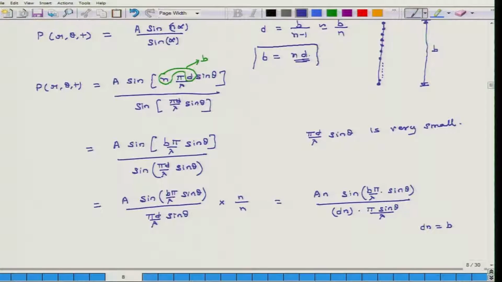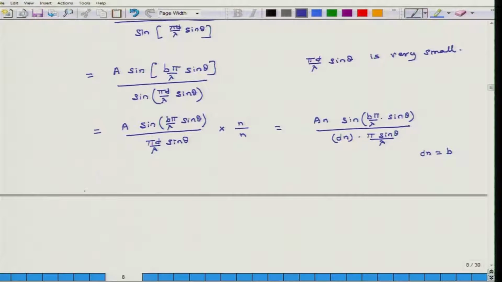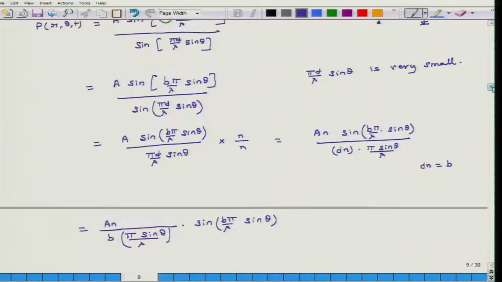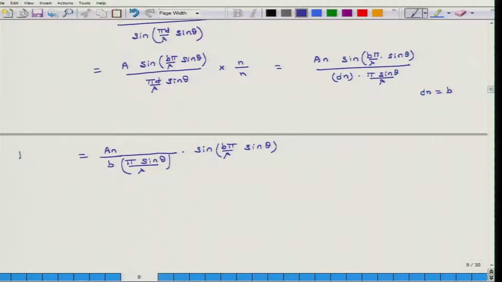So, I can rewrite it as A n by b, over pi sine theta by lambda, times sine of b pi over lambda times sine of theta. Okay. So, that is my expression for p(r, theta, t).